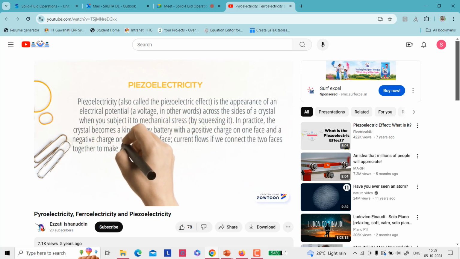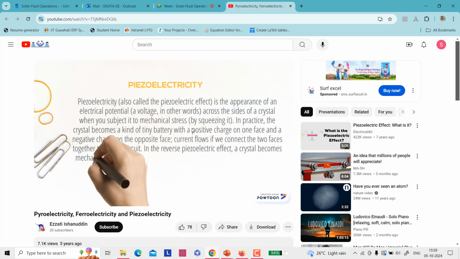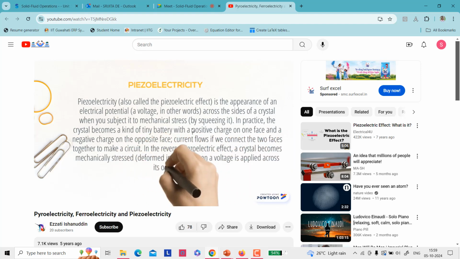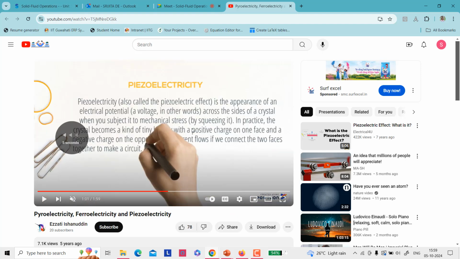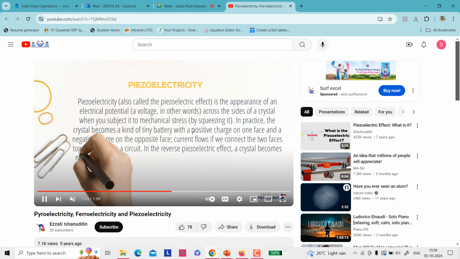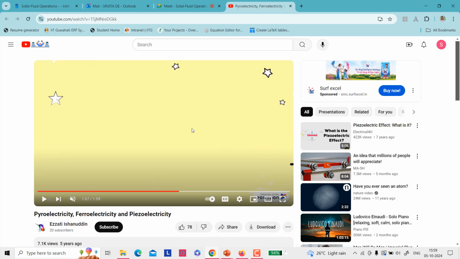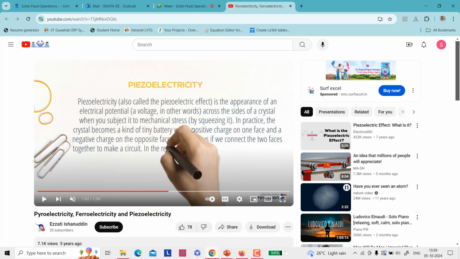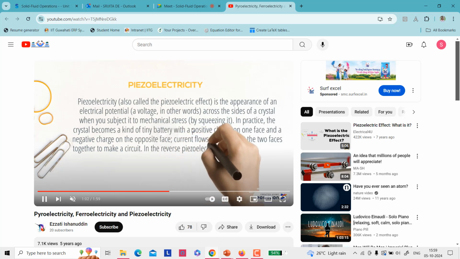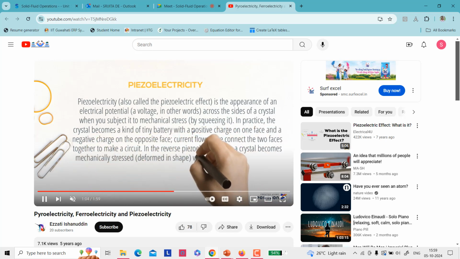In practice, the crystal becomes a kind of tiny battery with a positive charge on one face and a negative charge on the opposite face. Current flows if we connect the two faces together to make a circuit. In the reverse piezoelectric effect, a crystal becomes mechanically stressed, deformed in shape, when a voltage is applied across its opposite faces.